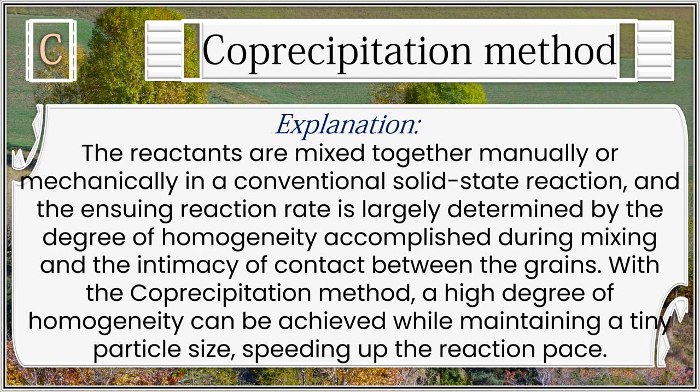The answer is coprecipitation method. The reactants are mixed together manually or mechanically in a conventional solid state reaction, and the ensuing reaction rate is largely determined by the degree of homogeneity accomplished during mixing and the intimacy of contact between grains.